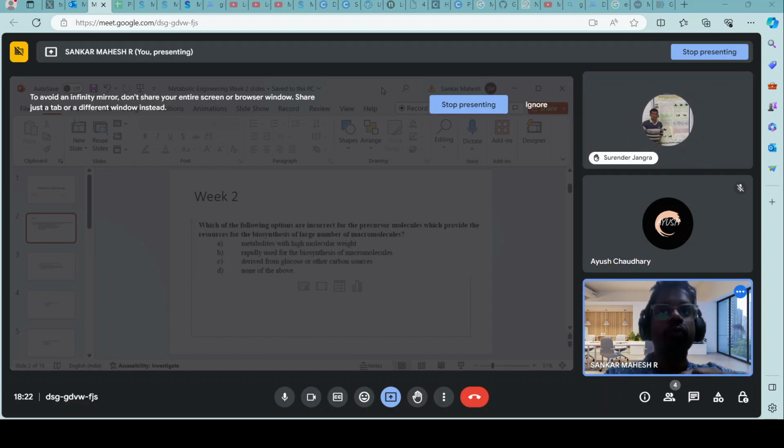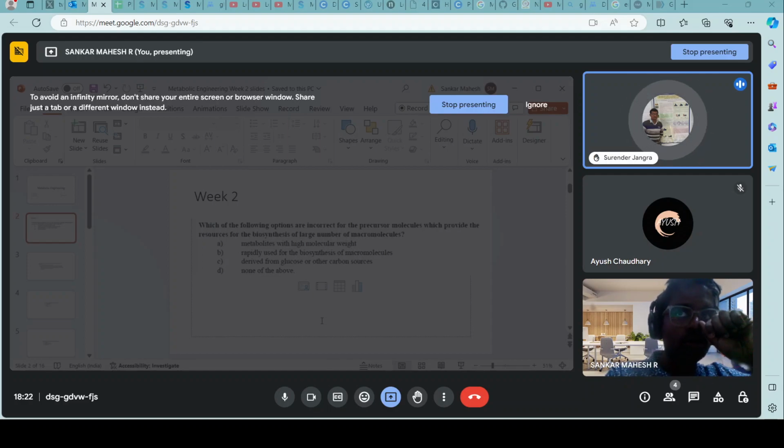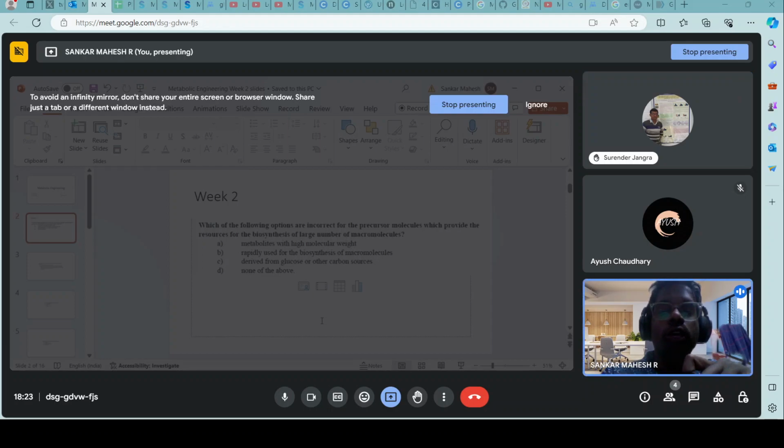When the cell takes up glucose, it is metabolized to glucose 6-phosphate and ultimately to pyruvate. So glucose 6-phosphate and pyruvate are the precursor molecules. They are used in the various biosynthetic pathways. And as for rapidly used, not used.